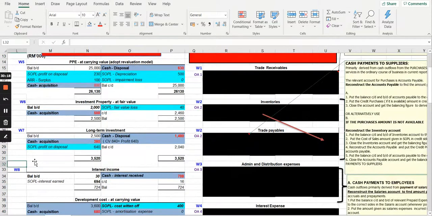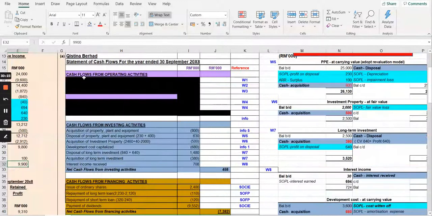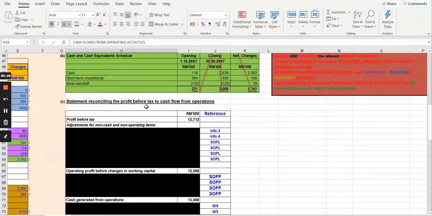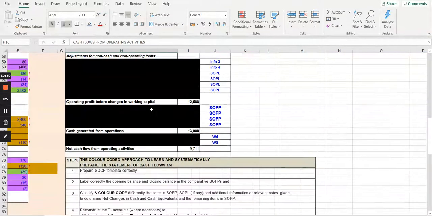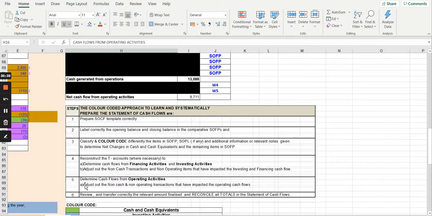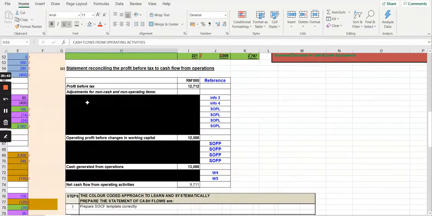And later, after we have done that part, how do we reconcile the cash flow from operating activities, and how do we prepare a statement to reconcile that. With that, we will be at step number 4, and we're going to continue with step number 5 and step number 6 together with the statement of reconciliation of profit before tax to cash flow from operation.